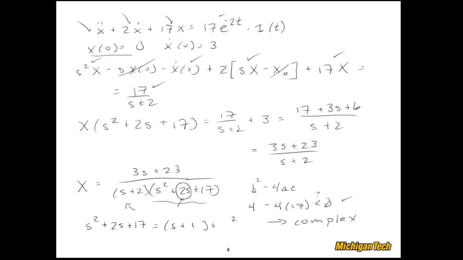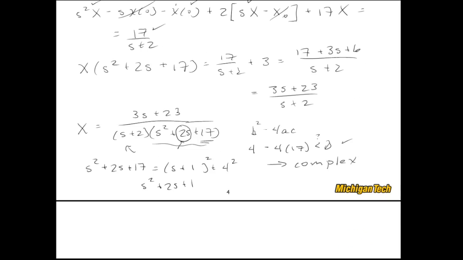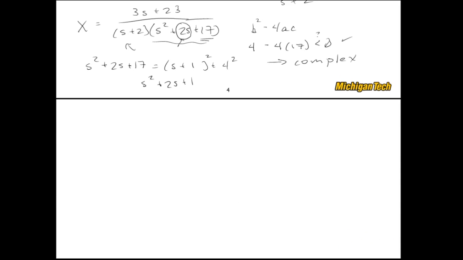And then I need something squared in order to make 17. What I mean is that s plus 1 squared is s squared plus 2s plus 1. And so to get up to 17, I need a 4 squared. Now that I know that, I can scoot down just a little bit and finish the partial fraction expansion.